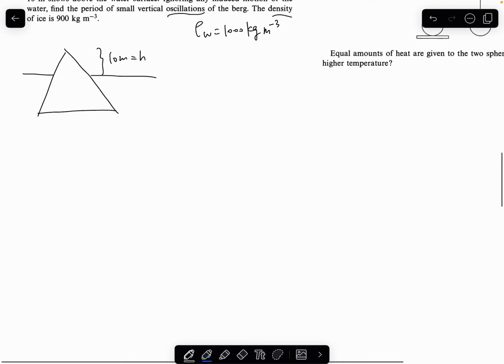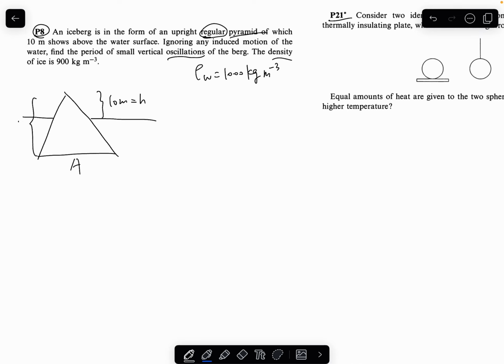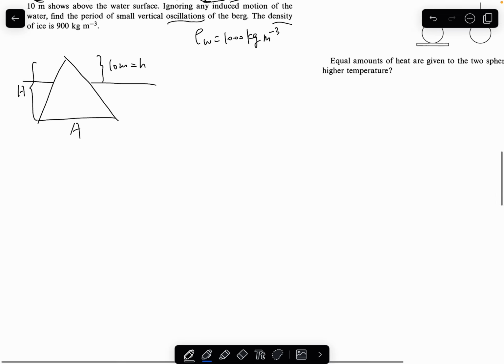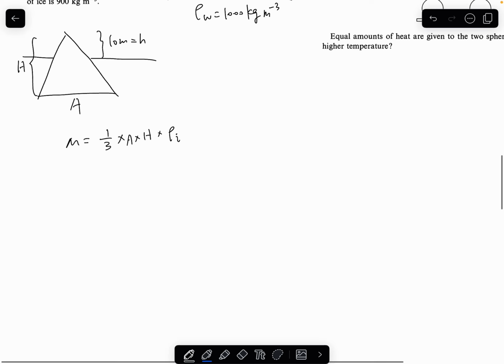So let's assume that the base area is A and the total height is H. So the total mass would be 1/3 times A times H times rho ice.